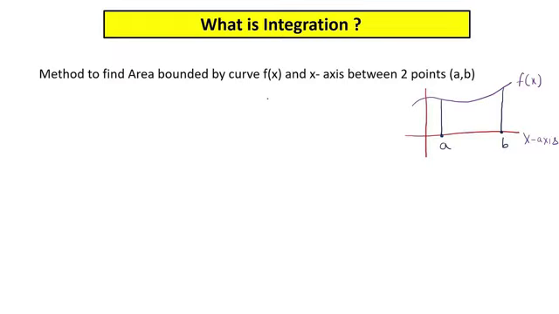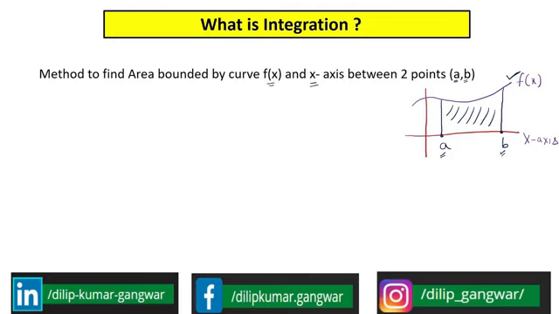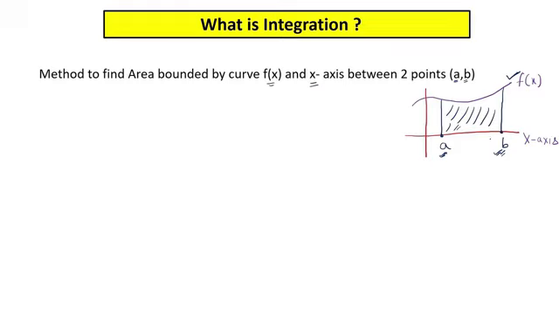Integration is a method to find the area under the curve f(x) and the x-axis between 2 points, let's say A and B. Here you can see the f(x) curve and the 2 points A and B. This area is the integration of the function f(x) between points A and B. This is the physical meaning of integration. It gives us the area between the curve f(x) and the x-axis between the 2 points, and it is denoted as the integral of f(x) between A and B.